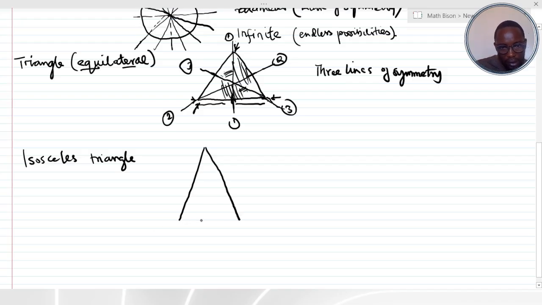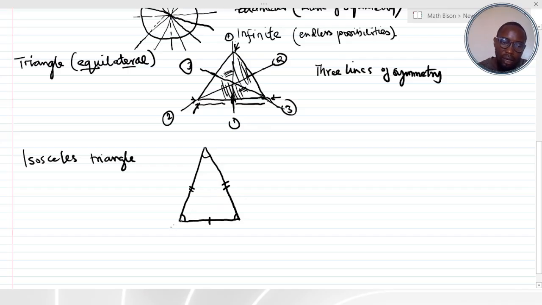You will see that the sides are not equal. Down here is short, and these two other sides are equal and they are longer. Because of that, we also have an angle here and an angle here that are base angles that are equal, and this third angle here is not equal to the other two. This is a typical property of the isosceles triangle.